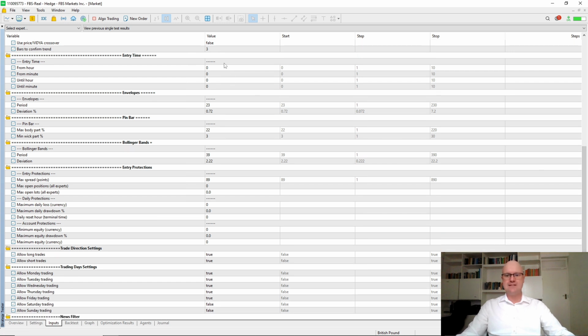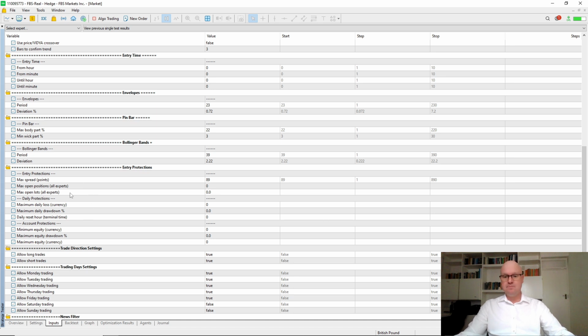Now the bot also features a lot of built-in protection, including a spread filter, a daily protection in the form of a daily loss in currency and daily loss in percentage, and then also an overall account protection, which is really ideal if you're approaching a prop trading environment.